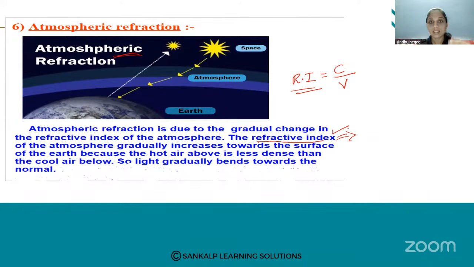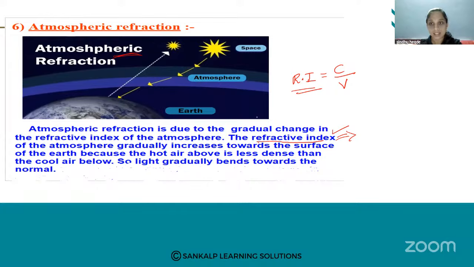Light coming from the sun enters our atmosphere and starts passing through the different layers. After that, finally, it comes to the Earth's surface. So this is the actual process. The light enters different layers of the atmosphere, which contain air of different temperature and density.